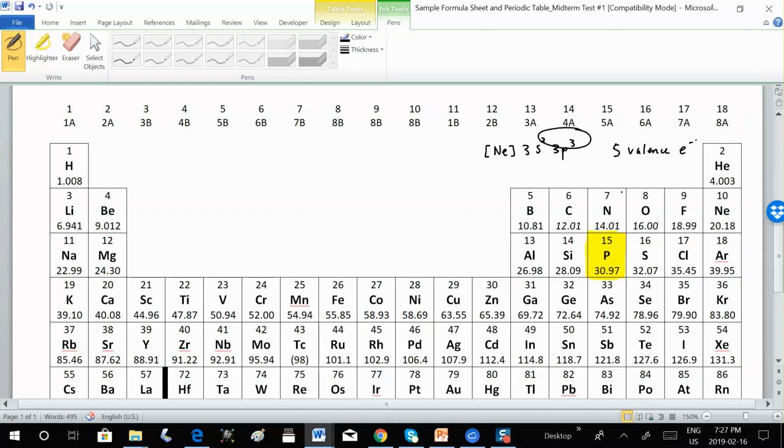Okay. Similarly, if we take a look at fluorine, fluorine is located here. And the electron configuration for fluorine was 1s2, 2s2, and then 2p5. So the number of valence electrons is 2 plus 5. We have a total of 7 valence electrons.